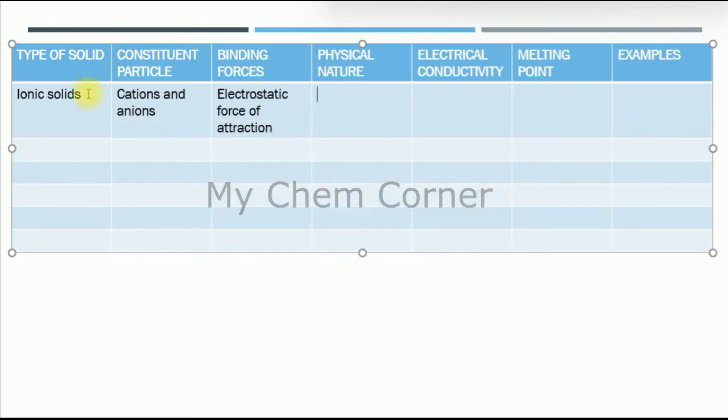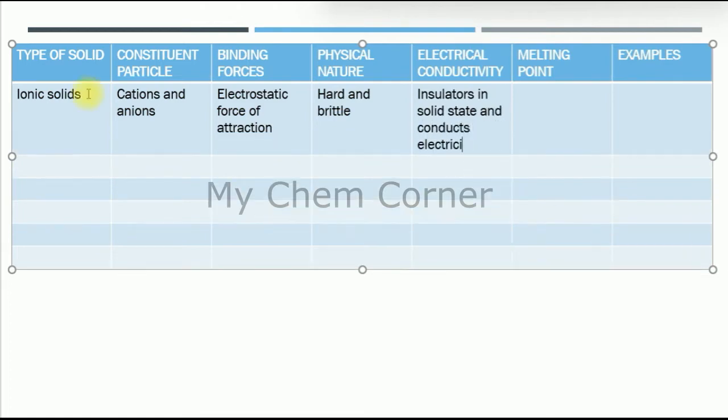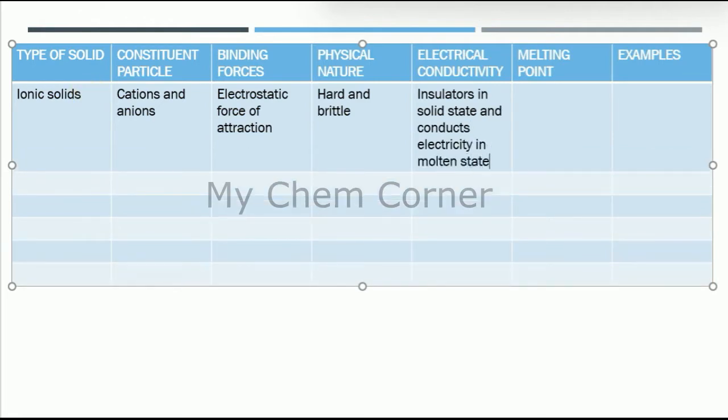The physical nature is hard and brittle. Electrical conductivity: they are insulators in the solid state and conduct electricity in the molten state. The melting point is very high. The example is sodium chloride.